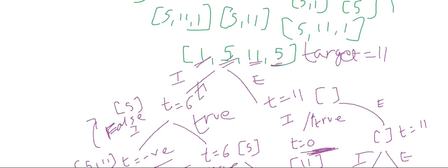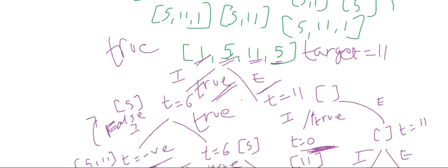So I'm going to return true here. And if my include is true, I'm just going to do the OR with exclude. If this returns true, well and good. If not, then we're still going to do the OR, because we already found a subset whose sum is 11. And therefore, we're going to return true. Yes, it is possible to have two subsets whose sums are equal, which is 11, right?